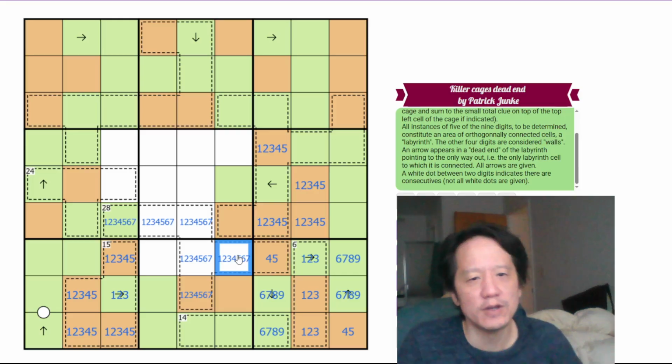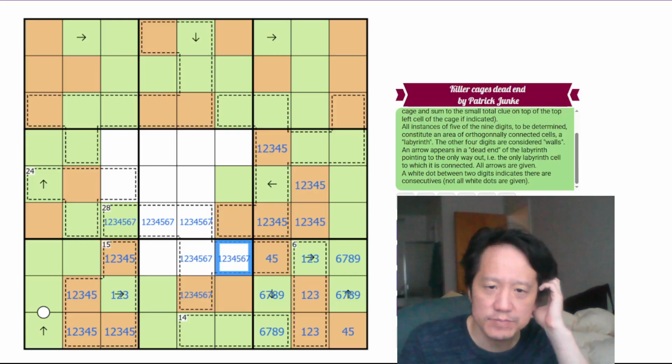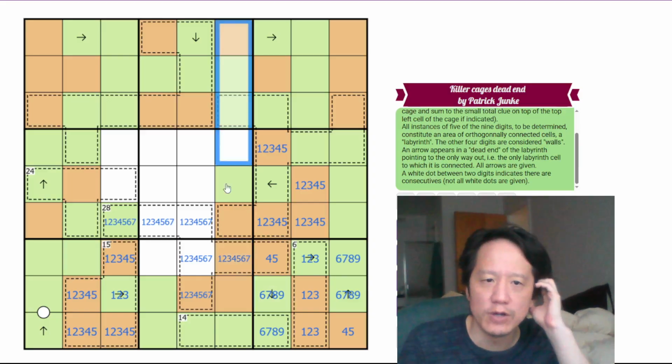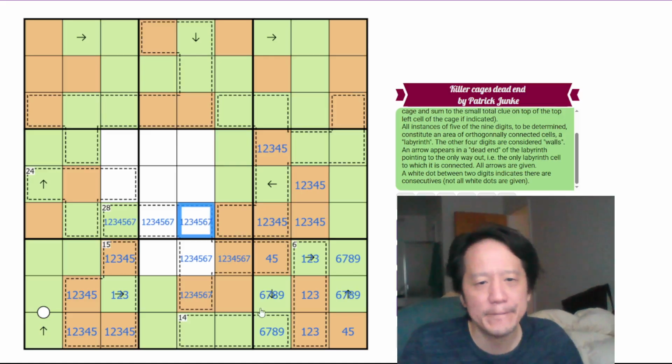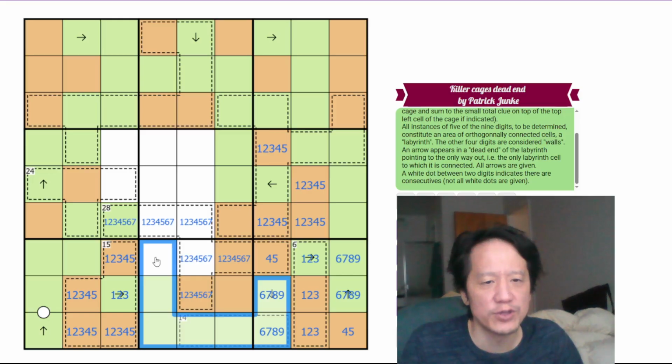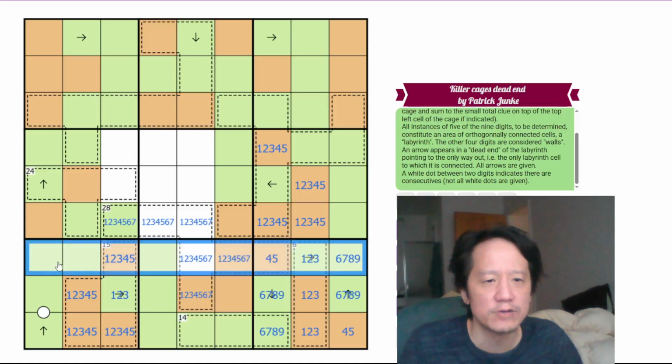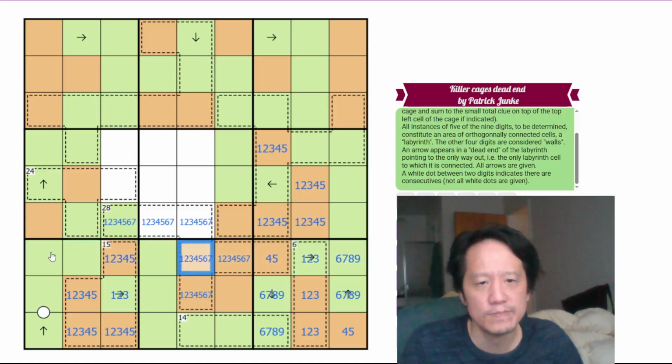This cannot be a wall because that would be a dead end. Sorry, this cannot be a labyrinth because that would be a dead end. So this has to be wall. We have 4 walls in column 6, so that means this is labyrinth. This must be orthogonally connected to the rest of the region, so this is labyrinth. We have 5 labyrinths now in row 7, so this is wall.